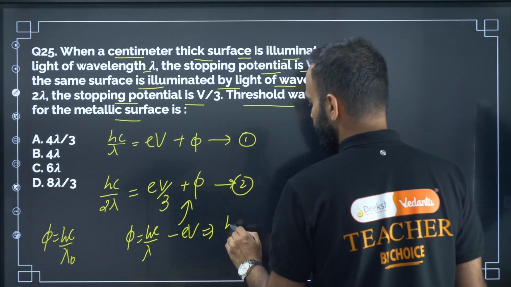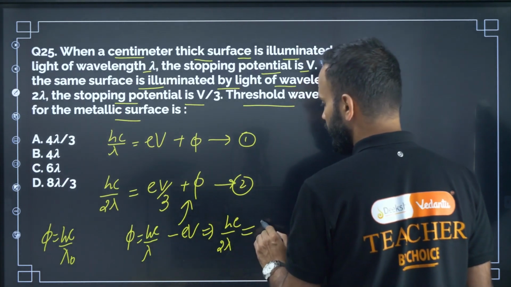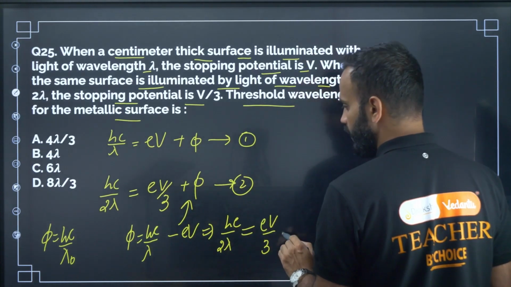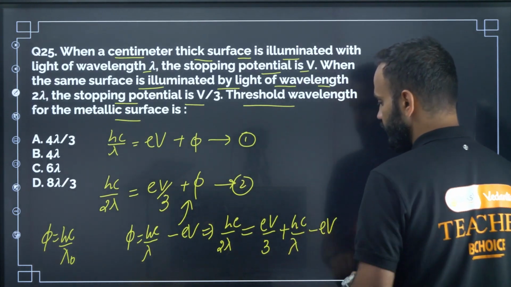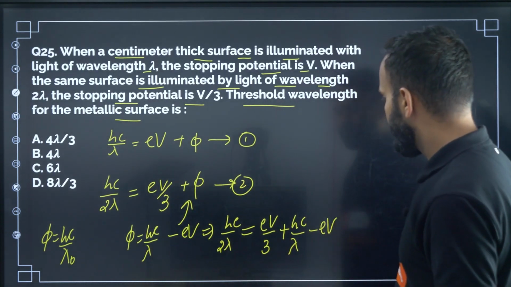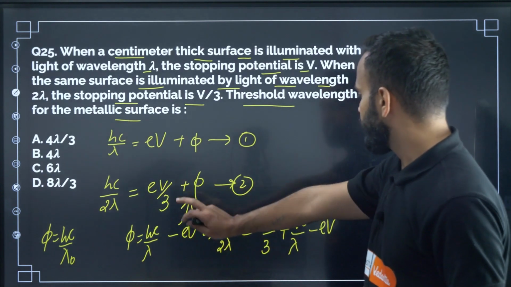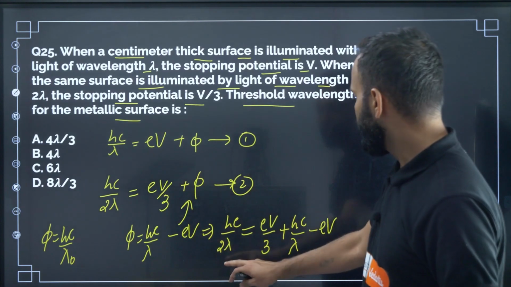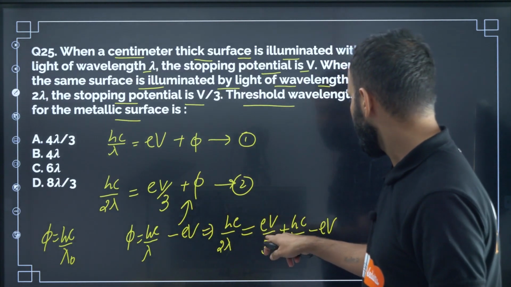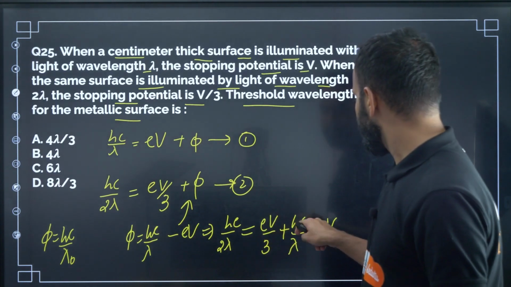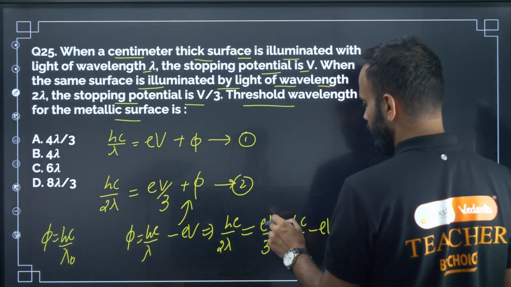Hc by 2 lambda equal to E into V by 3 plus Hc by lambda minus EV, right? Here Hc by lambda minus EV is the first equation's phi. Hc by 2 lambda equal to EV by 3 plus Hc by lambda minus EV. Now solve this.